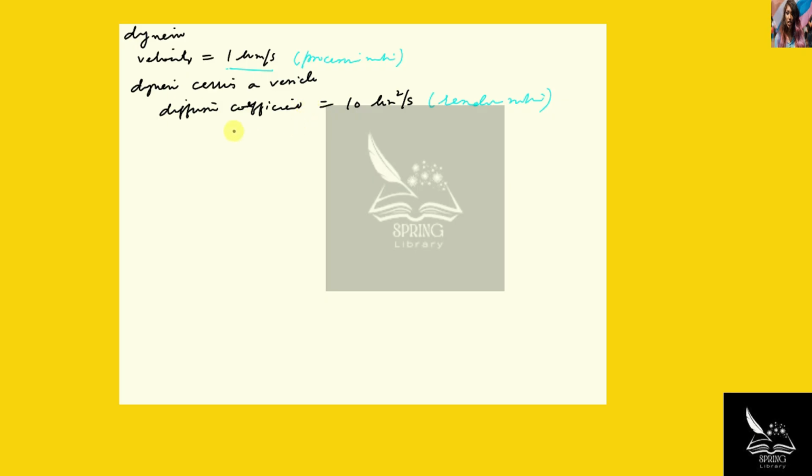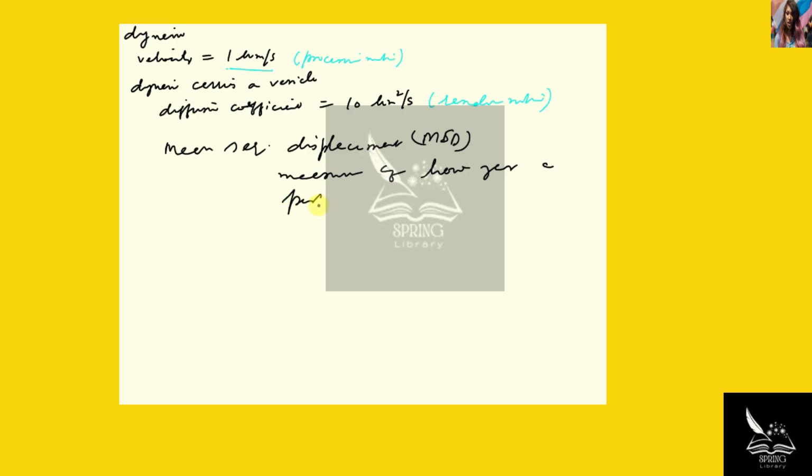One such parameter is the mean square displacement, which is denoted as MSD, and which is a measure of how far a particle moves on average during a given time interval.